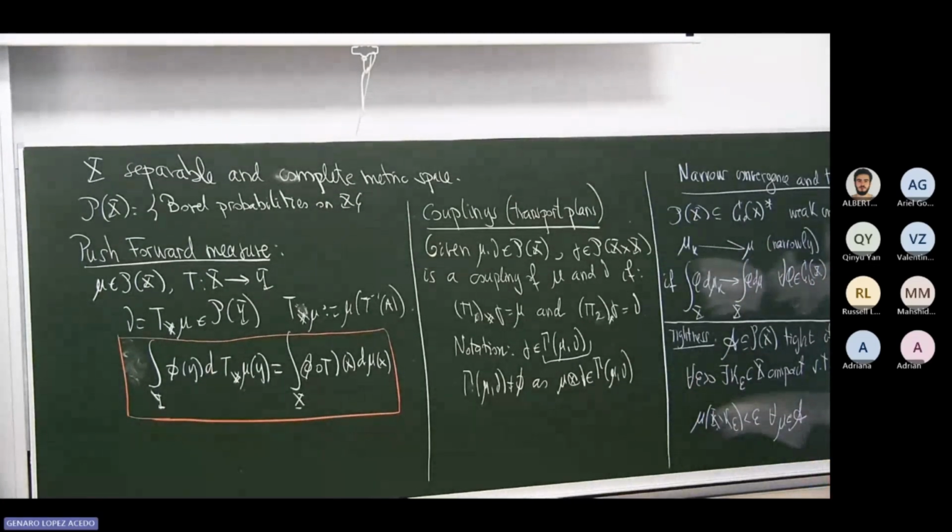Then we also work with the narrow convergence and tightness of measures. As the probability measures are in this dual space, we have a natural notion of convergence, which is the weak convergence.